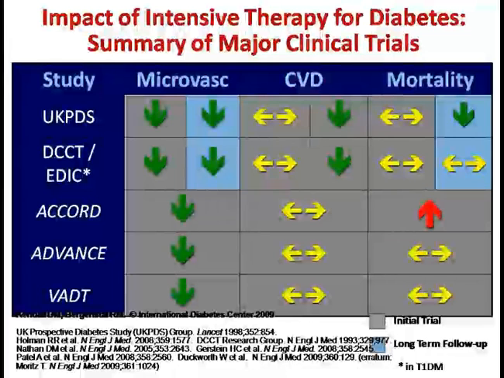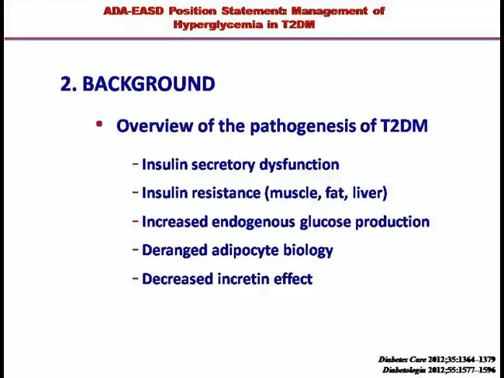And no doubt, achieving very tight control in diabetes will reduce microvascular complications. But in terms of macrovascular complications, most of these studies have shown that there is no benefit. In fact, it can harm the person if you make very tight glycemic control. So I'll touch briefly on the pathogenesis of type 2 diabetes.